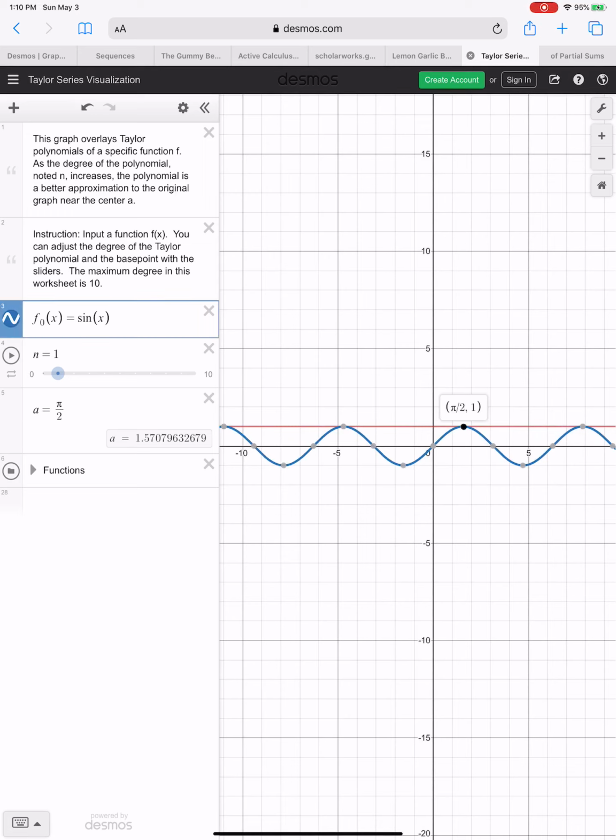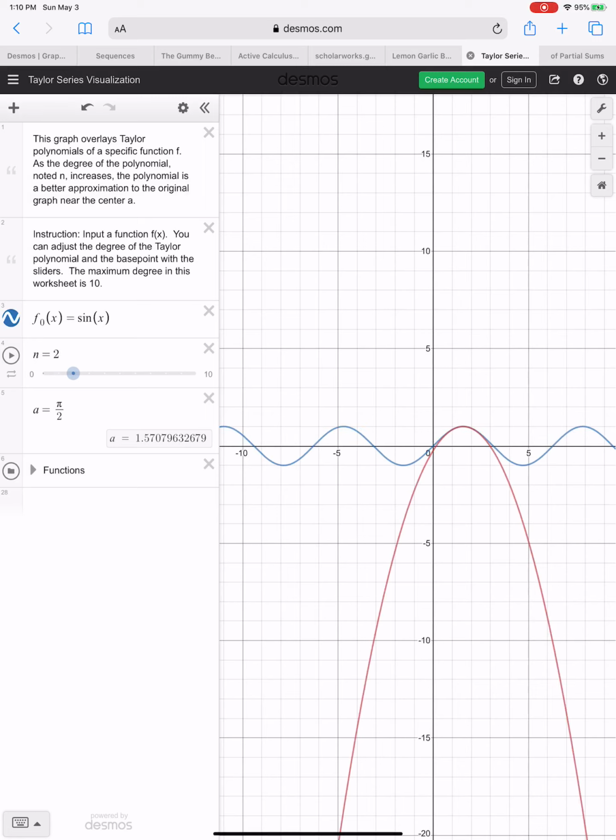And what you can see is that the degree 1 approximation is actually just the function that is a constant height of 1. The degree 2 polynomial is going to be the parabola that's shown here. Degree 3, it's still that same parabola.